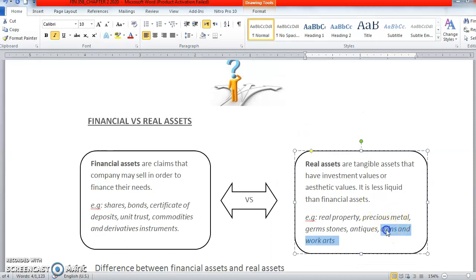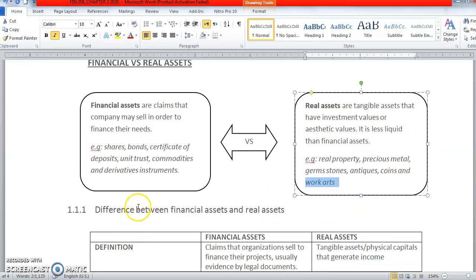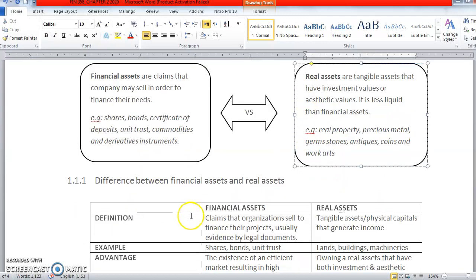Termasuklah coins yang lama kan, dan juga work arts. Okay, hasil seni seperti lukisan lama kan. Saya rasa you selalu dengar lukisan Mona Lisa and so on dan sebagainya, right? So this is antiques, okay. Dan juga work arts. This is what we call real asset.